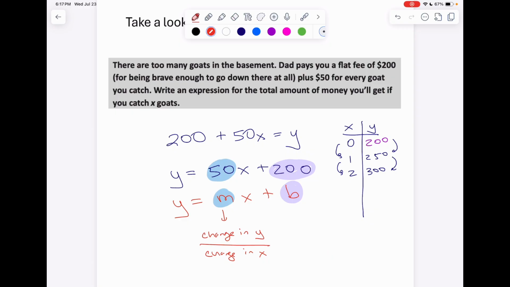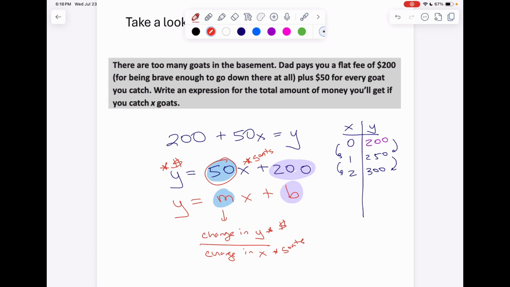So if we're thinking about that here, the 50 would be the change in y's per change in x's. Remember, y is our money, and x are our goats. So would it be fair to say that $50 is our change in money per change in goats?